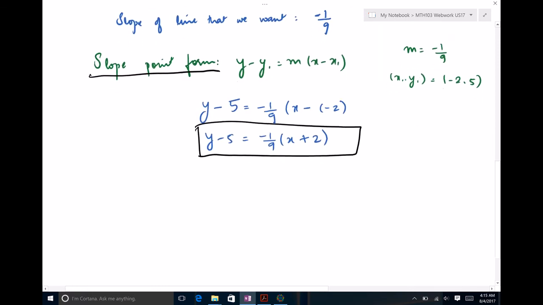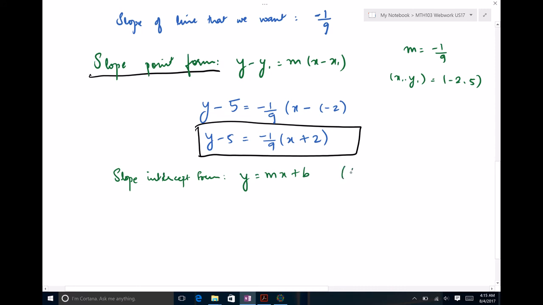Now, the next equation that I need to write is the equation in the slope intercept form. This equation should look like this: y equals m times x plus b, m being the slope and b being the y-intercept.